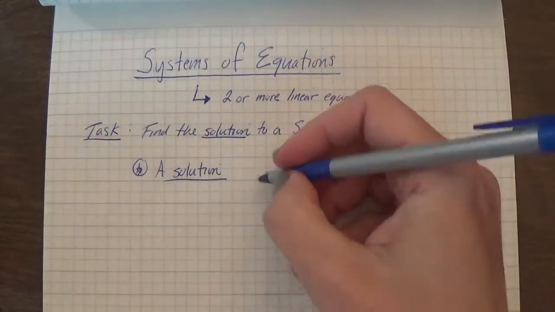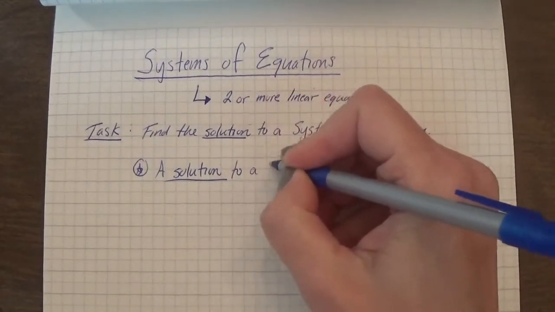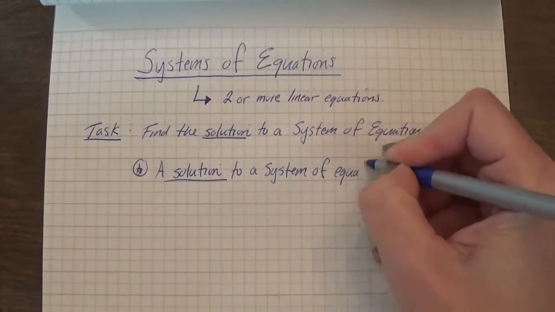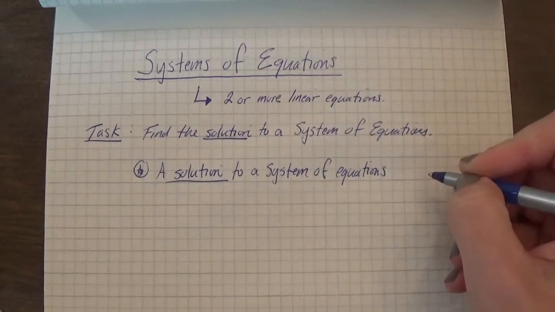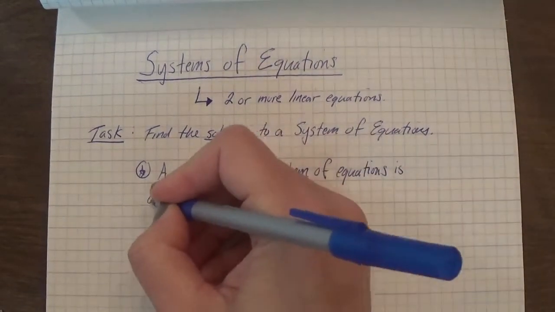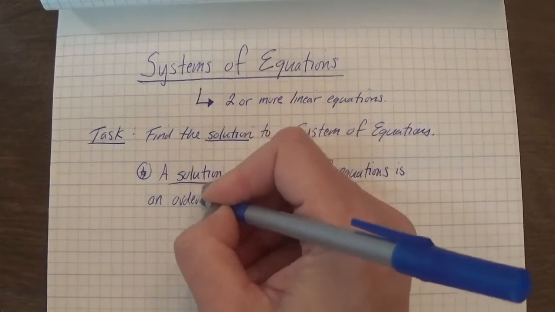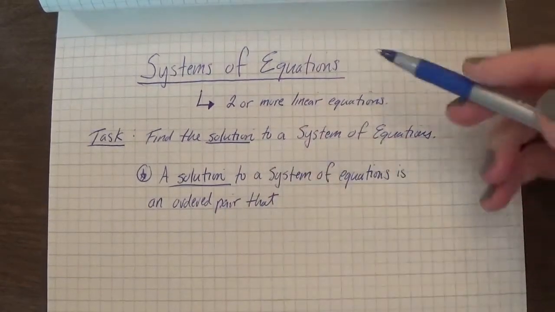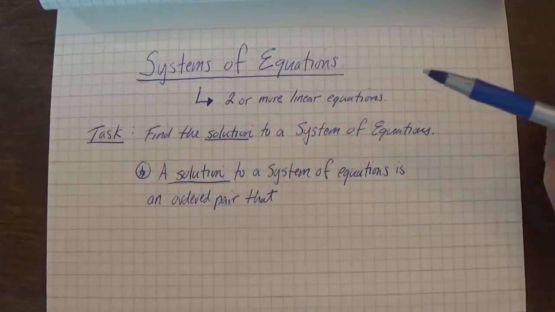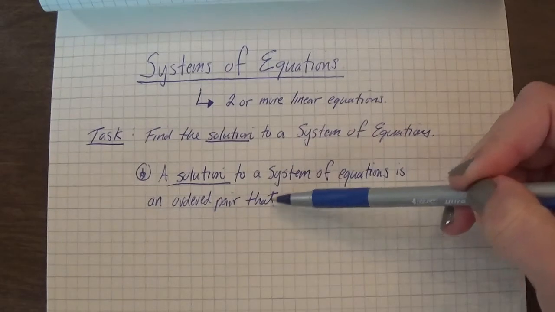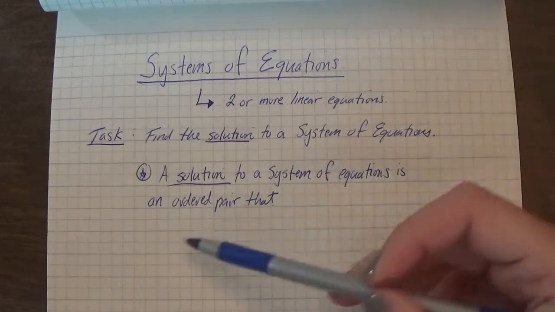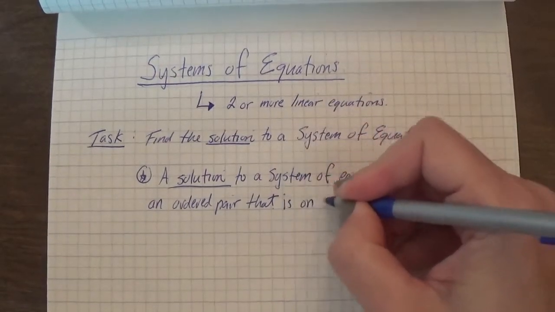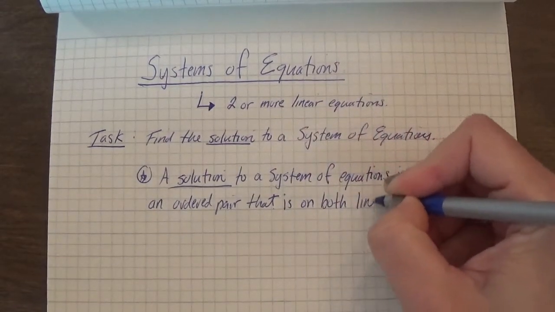So a solution to a system of equations is still an ordered pair that makes both equations work, or in other words, it's an ordered pair that is on both of the lines.